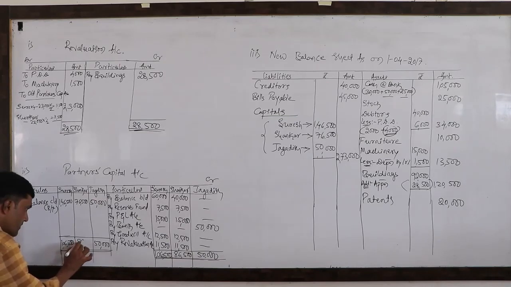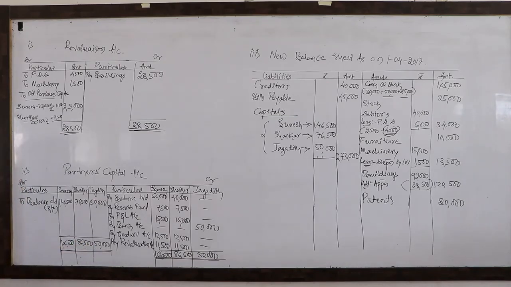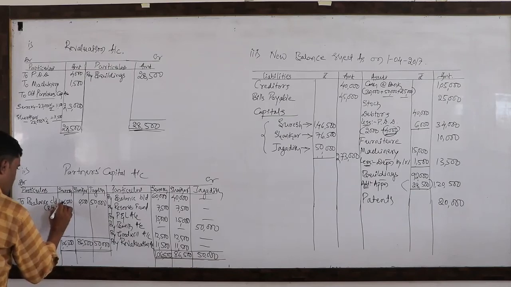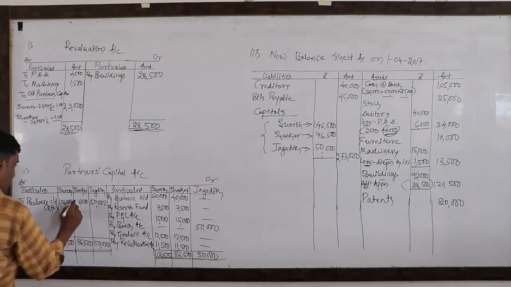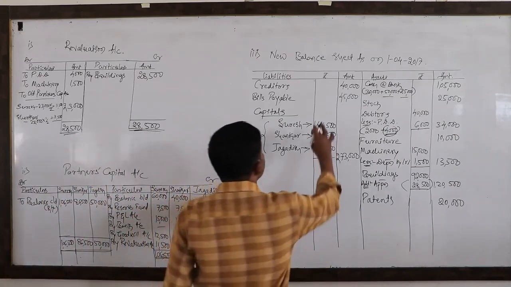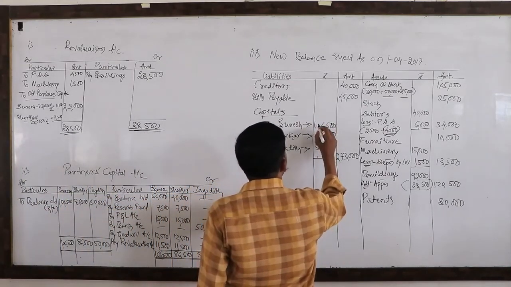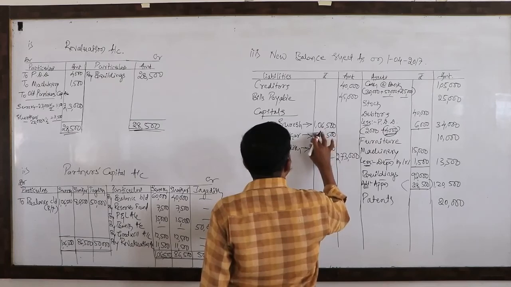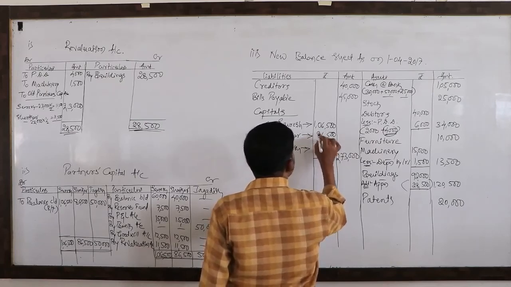1,06,500 and 86,500. This one is 1,06,500, this one is 86,500.